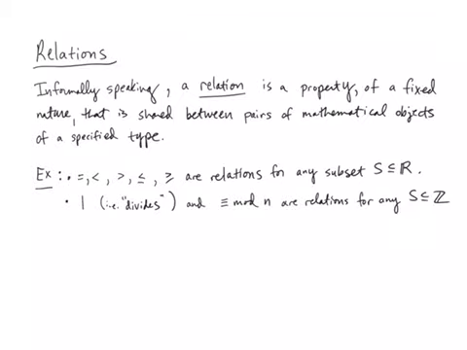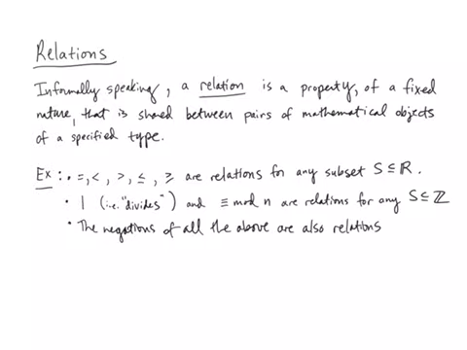And then as a general species of example, one can take the negation of any of these as a relation as well. So the negations of all the above are also relations. Right, so for any two elements of a set, we know what it means to say that they're not equal.